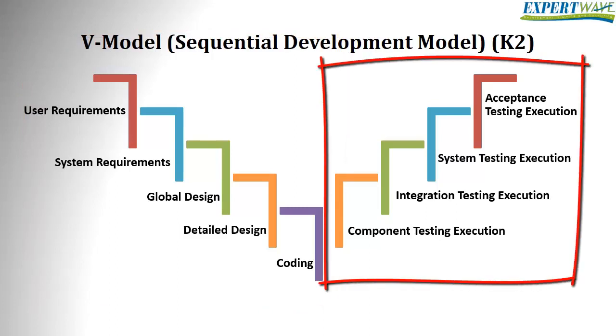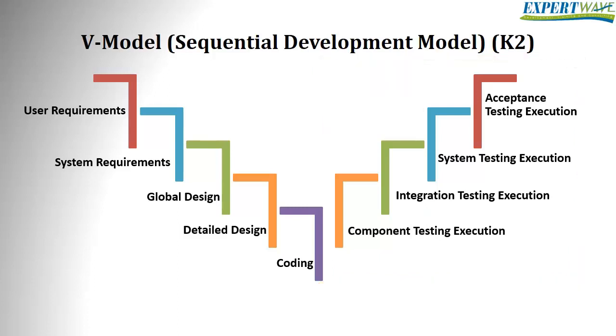The right-hand side of the graph represents the different test levels where testing execution is carried out. Although variants of the V model exist, a common type of V model uses 4 test levels.